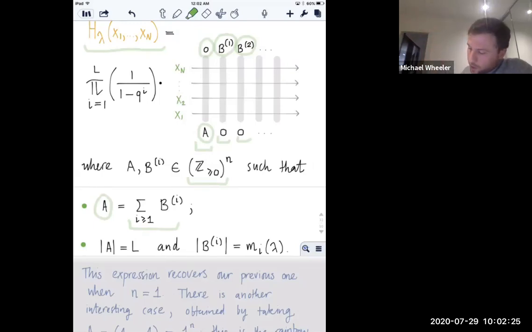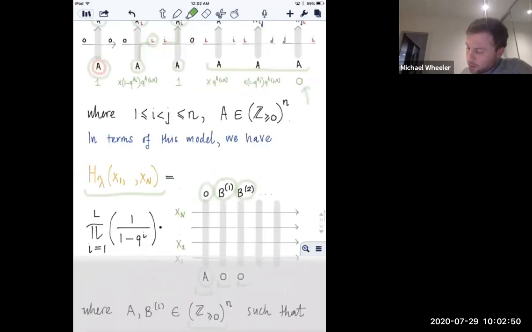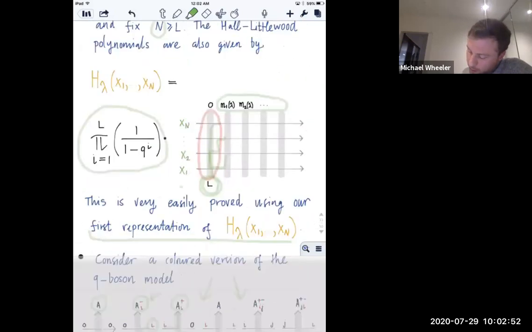So this is really just conservation of particles. So that's the first constraint, conservation of particles. And the second constraint is that if I sum up all of the components of the vector A, then that sum has to be equal to L. So the L, just to remind you, that was the L that we had here.